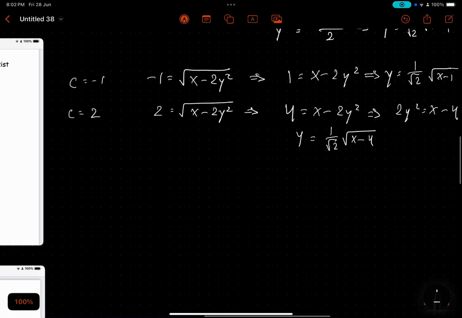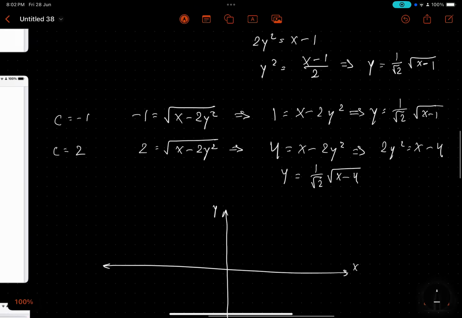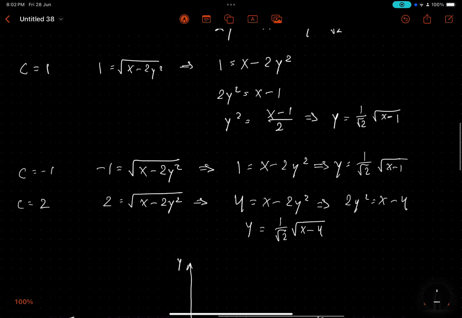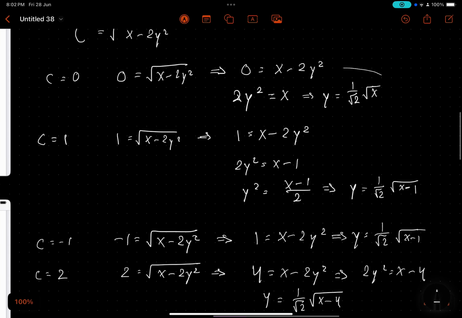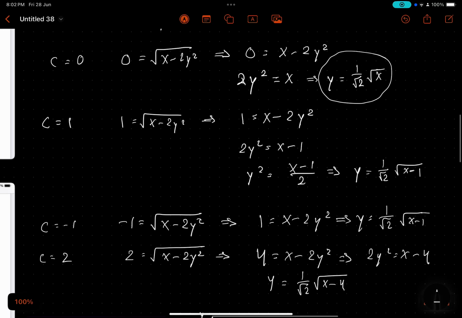Now if we want to draw this, we're going to draw the y-axis and the x-axis, and start drawing the first curve. The first curve is y equals 1 over root 2 square root of x.